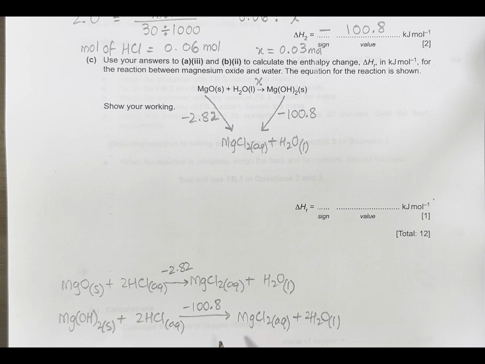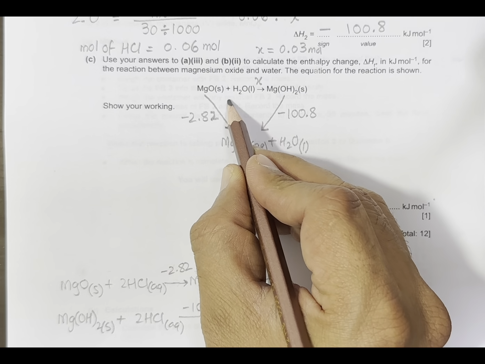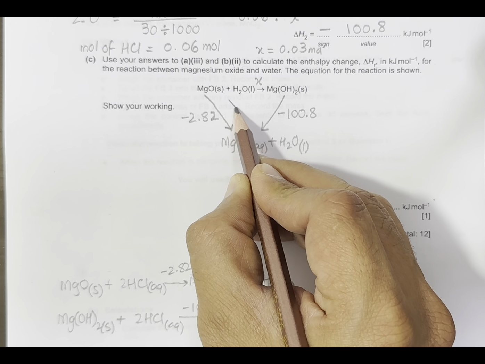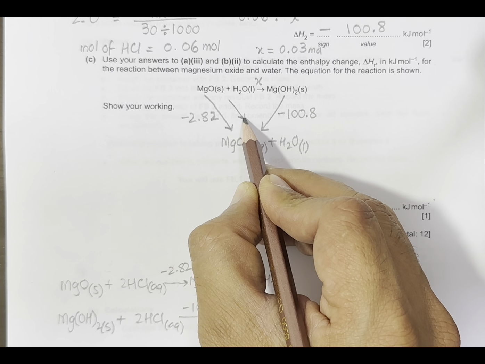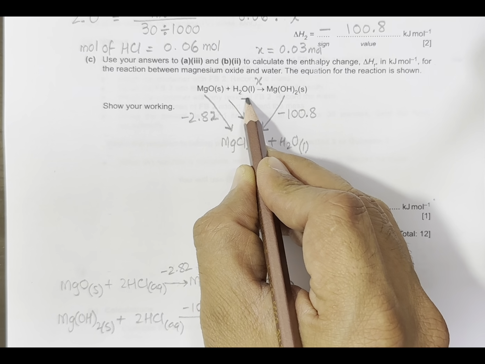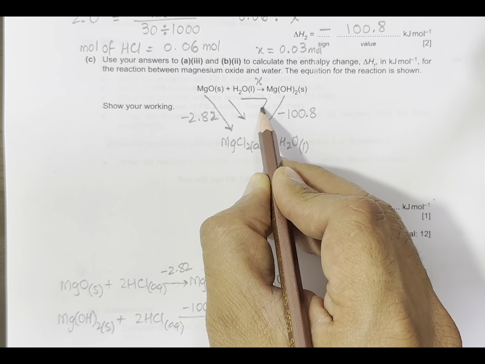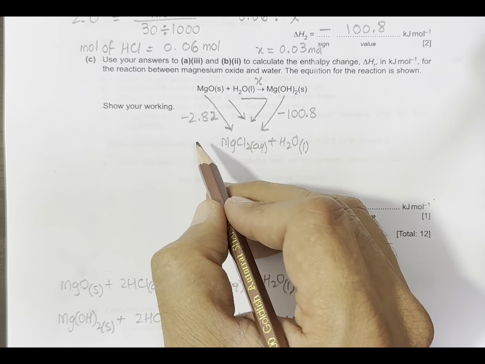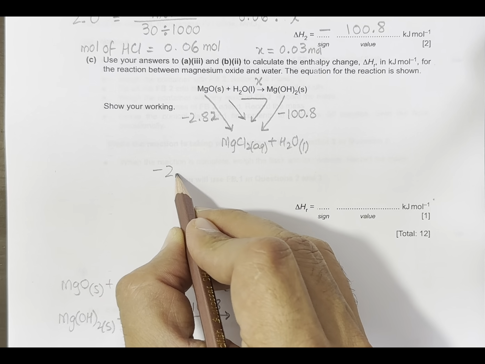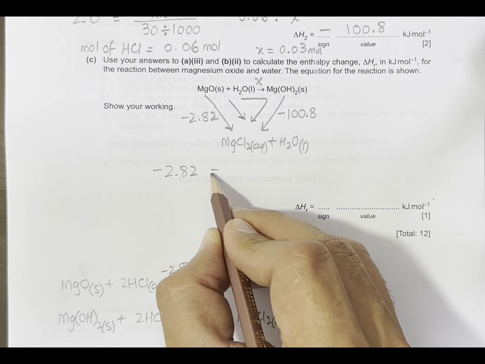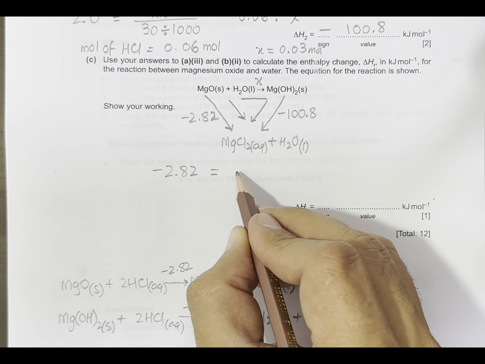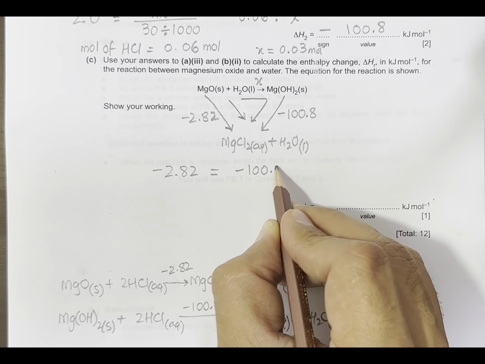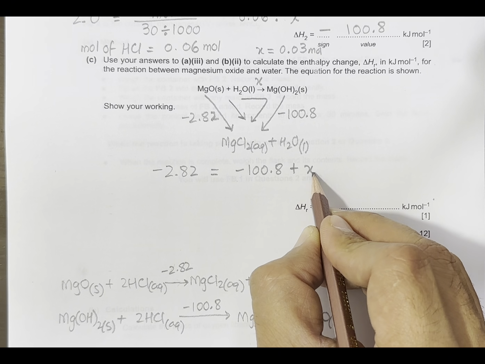The arrow from here coming down is the direct route, and the arrow going there first and then coming down is the indirect route. Minus 2.82 is the direct route, and the sum of the indirect route is minus 100.8 and X.